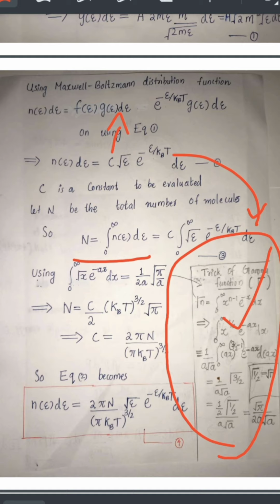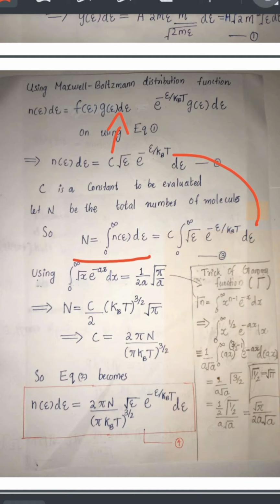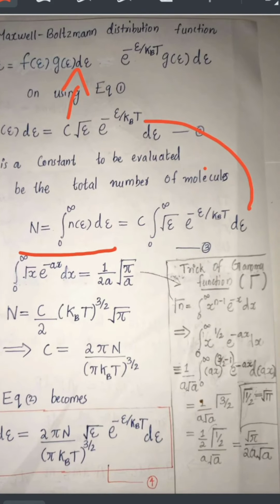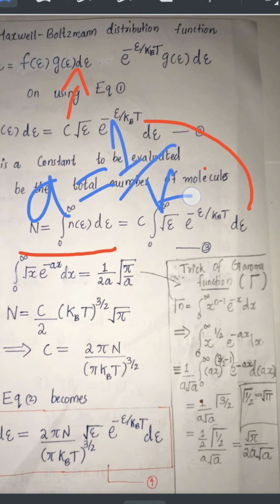And you can see that a in this integral is actually 1 over kbt. So simply, from this integral, a is equal to 1 over kbt.